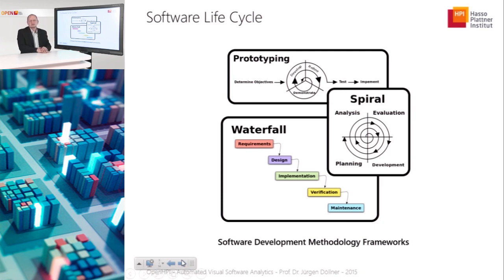There are different software lifecycle models or methodology frameworks around. The most traditional one is the waterfall model. It defines a number of stages: requirement analysis, software design, software implementation, verification and test, and finally maintenance. They are ordered in a linear way.